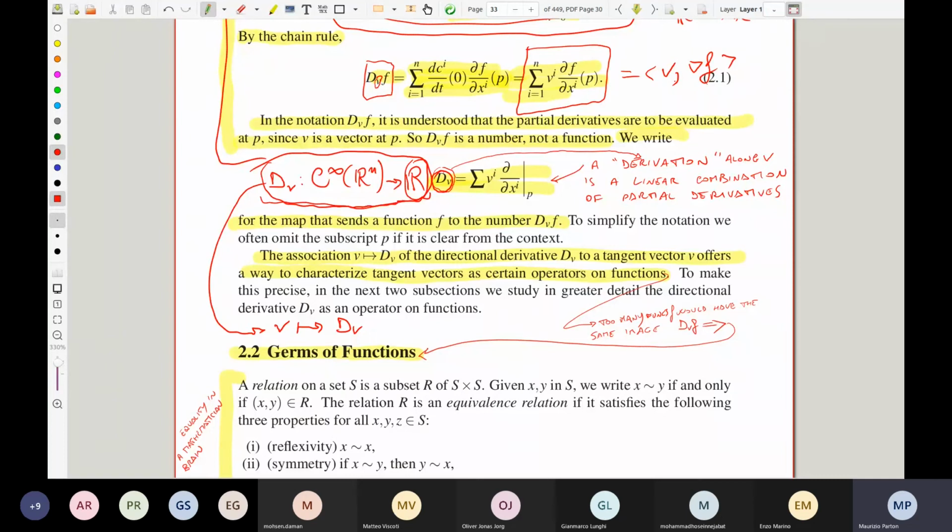That means that around P, the functions are the same. If 2 functions around P are the same, it doesn't matter what they do at other points, far from P, because the derivative is a local concept.